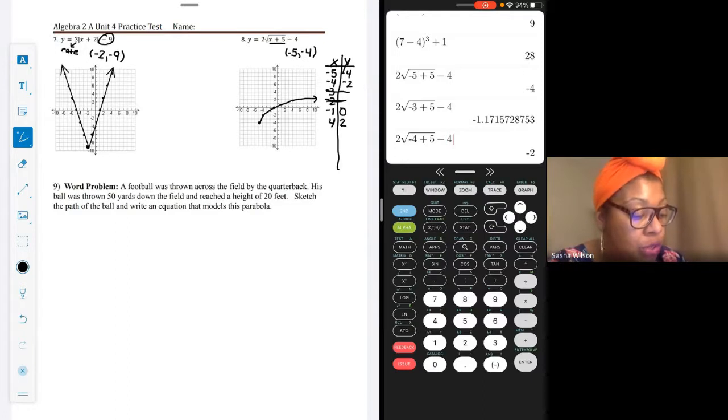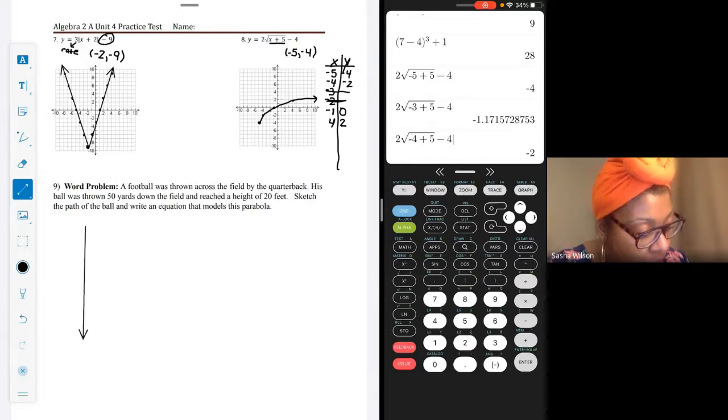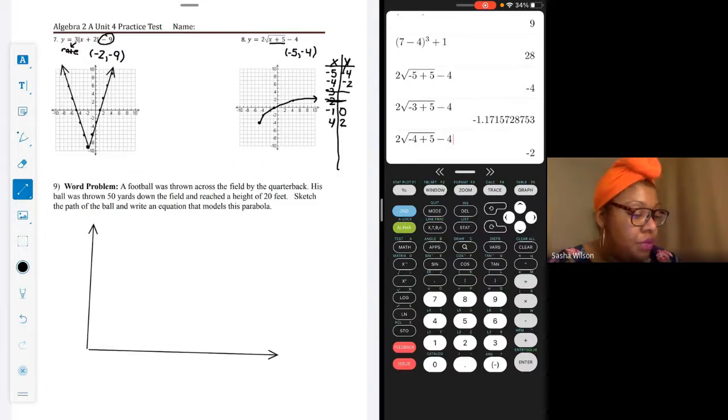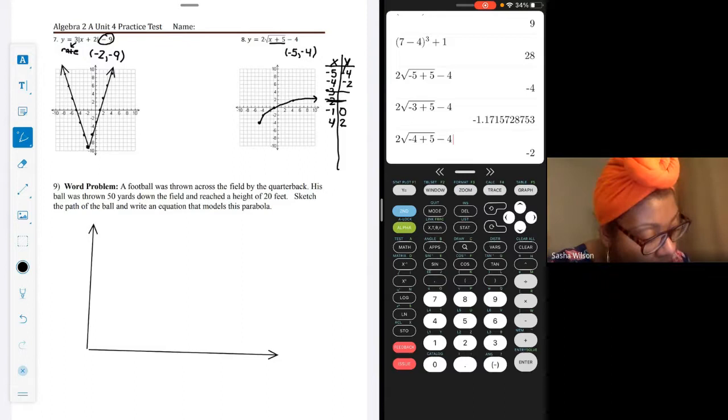So a football was thrown across the field by a quarterback. So we want to start off by making a good old L-shaped graph. His ball was thrown 50 yards across the field.